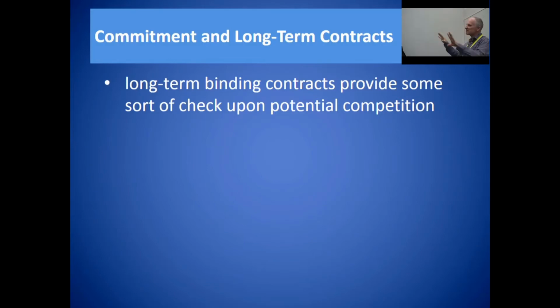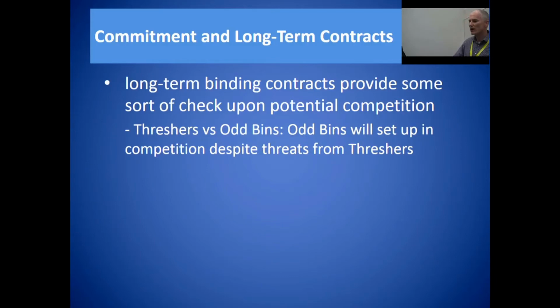So we're going to take pretty much that exact same example that we used before about the incumbent and the potential entrant. And I'll say that this example relates to two off-licenses. So we've got two off-licenses, we've got Threshers and you've got Odd Bins. Now, Threshers is the incumbent firm within the market.